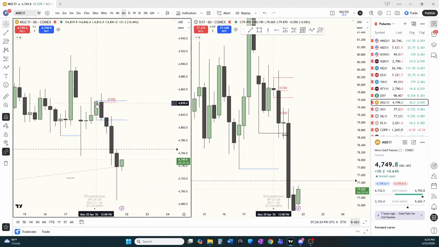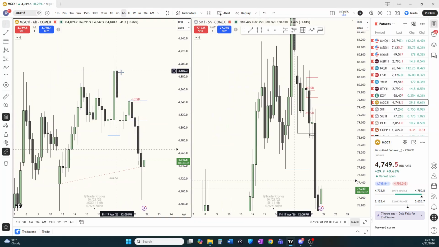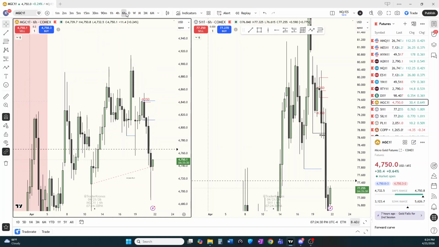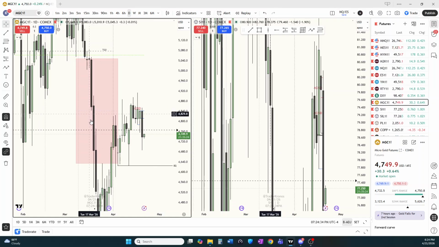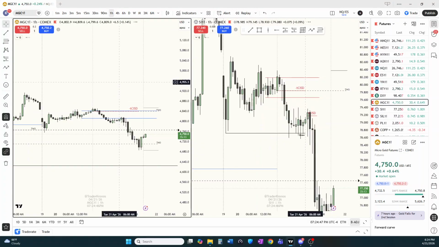So your market maker model sweeps out this high inside of where? Weekly gap, inside of the daily gap. That's right here as well. And then the target is down here, these are relative equal lows. So this would be your original consolidation down in here, if you look at 1 hour time frame.